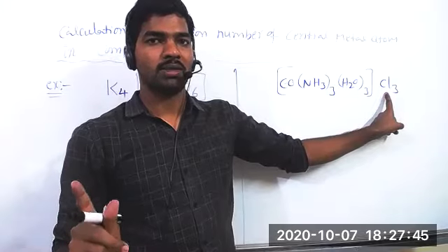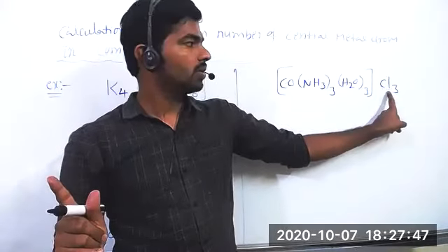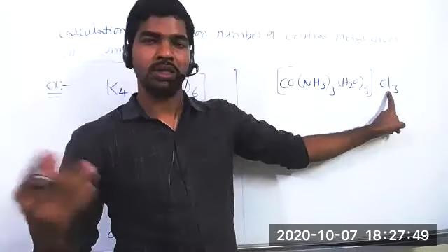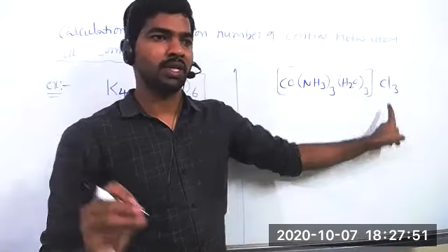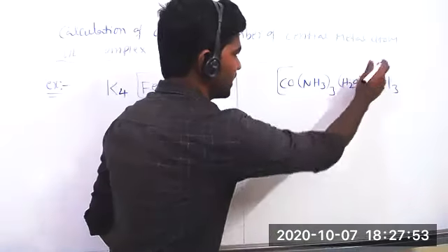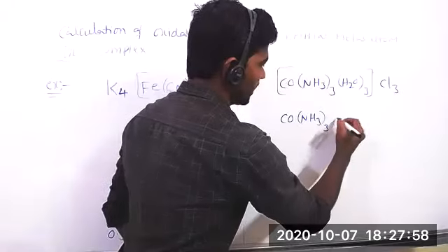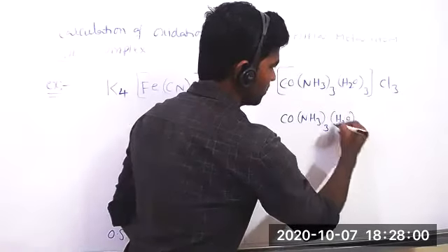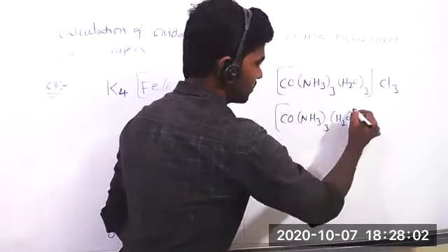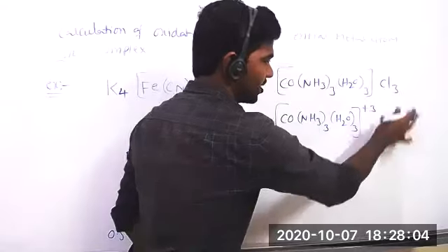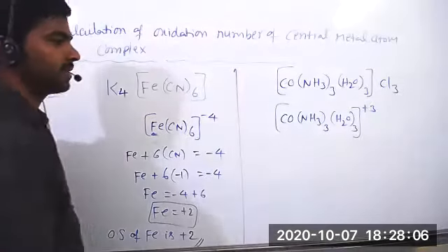One chlorine atom carries -1, right? So here we have 3 chlorine atoms, which together carry -3 charge. So to counterbalance, +3 will come here for [Co(NH3)3(H2O)3]. Don't write chlorine now.